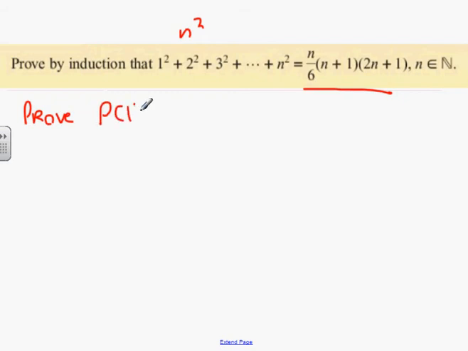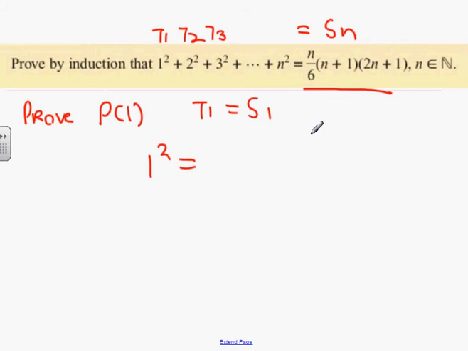You're going to get 1 squared, because remember it's like T1, T2, T3, and on this side is Sn. So when we insert T1 in, we're basically proving that T1 equals S1. If we were to put in 2, it would be T1 plus T2 equals S2.